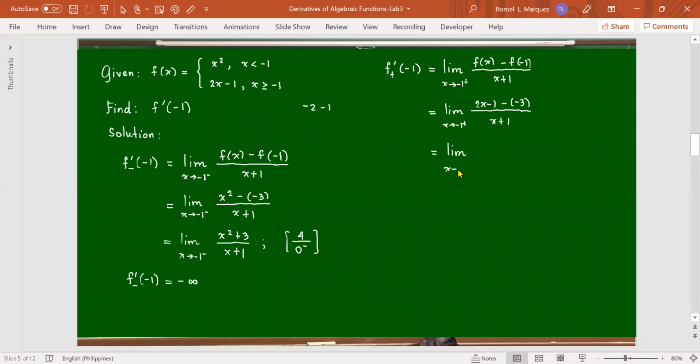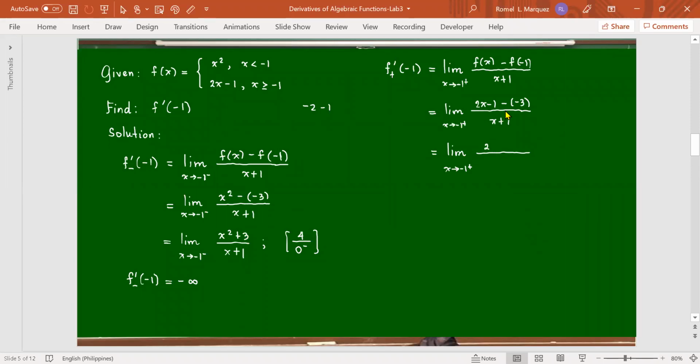Limit as x approaches negative 1 from the right. What's the simplified form?